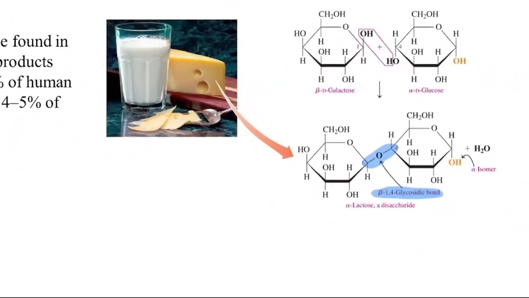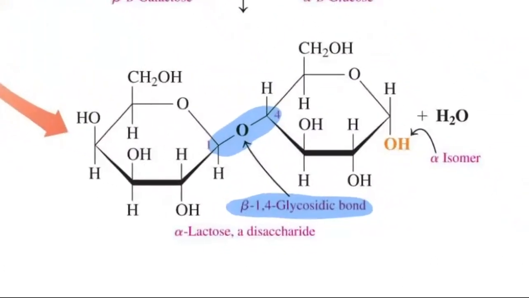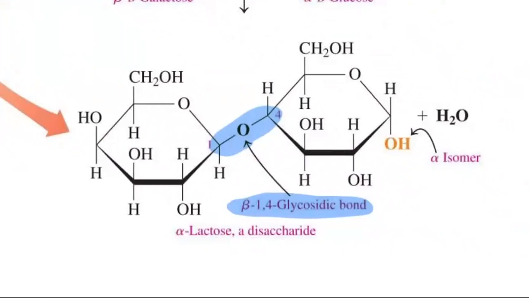But similar to what we saw in maltose, since lactose has an anomeric position where we can have OH pointing down or OH pointing up, here we're illustrating the alpha isomer for lactose. We can also have beta lactose.